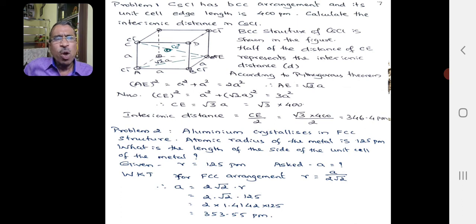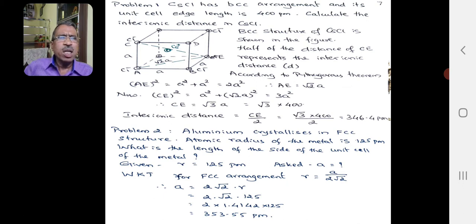Coming to the first problem. Cesium chloride has BCC arrangement and its unit cell edge length is 400 picometer. Calculate the inter-ionic distance in cesium chloride. The BCC structure of cesium chloride is shown in the figure.